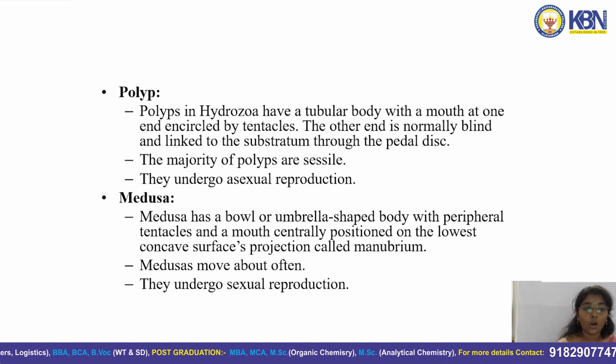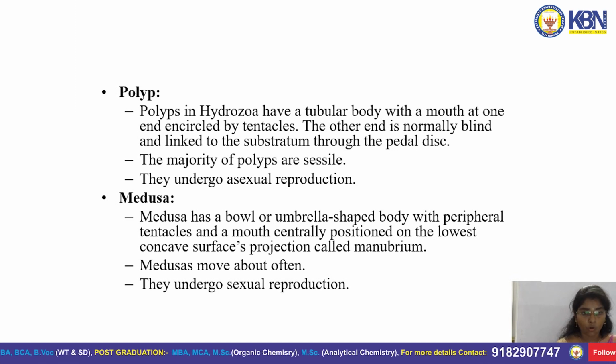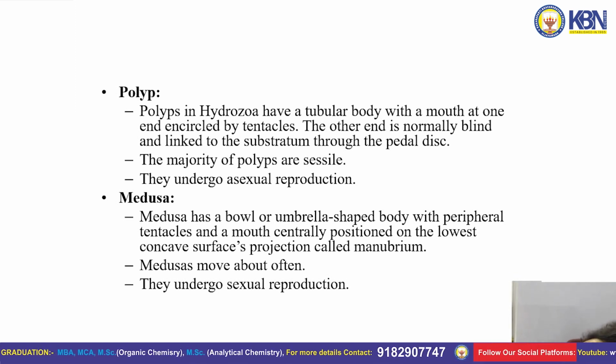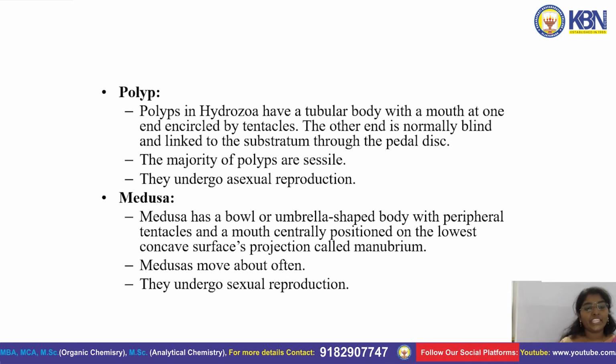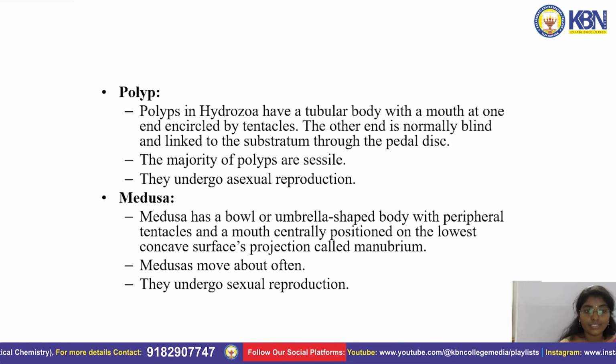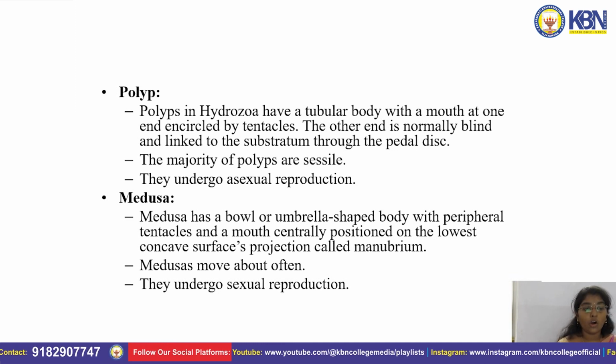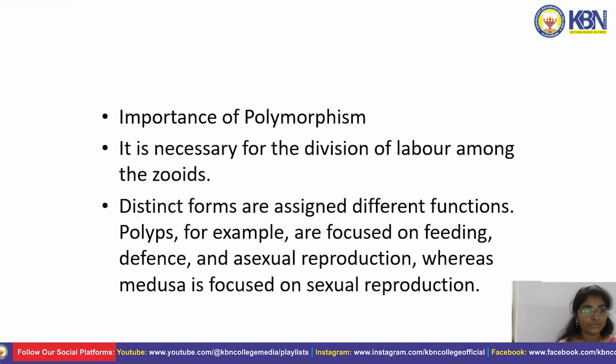Next, let us know about the medusa. Medusa has a bowl or umbrella-shaped body with peripheral tentacles and a mouth centrally positioned on the lowest concave surface, on a projection called the manubrium. Medusae move about often. They undergo sexual reproduction.